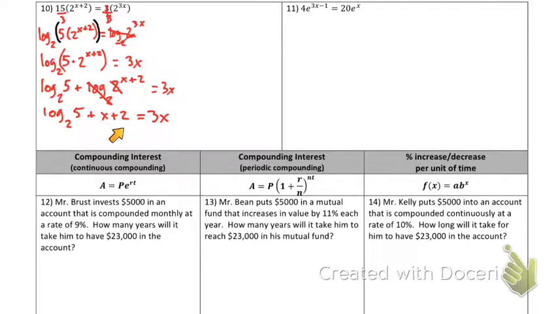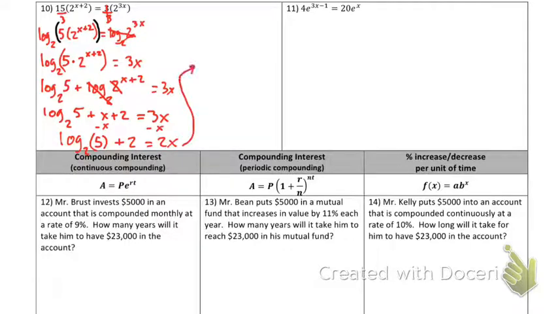So we're going to subtract x because this turns into simple algebra. So log base 2 of 5, again, I'll put that in parentheses because it belongs to this log, plus 2 equals 2x.